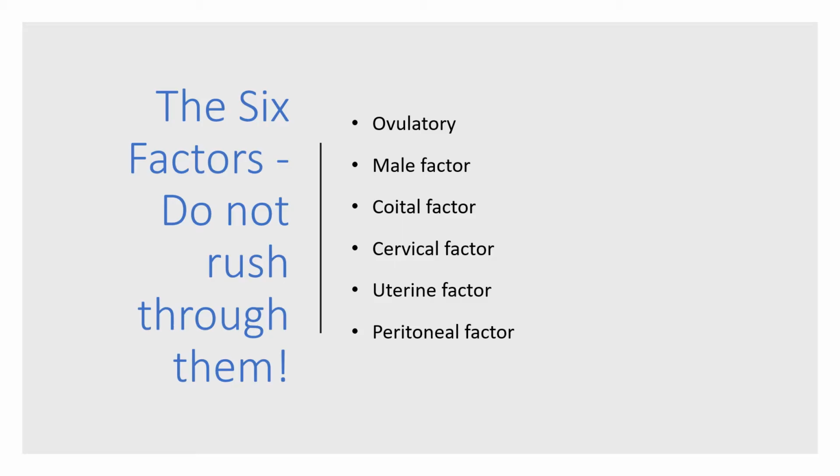Do not rush through the factors when investigating the couple: ovulatory factor, male factor, coital factor, cervical factor, uterine factor, and peritoneal factor. Take your time when you go over each one of them.